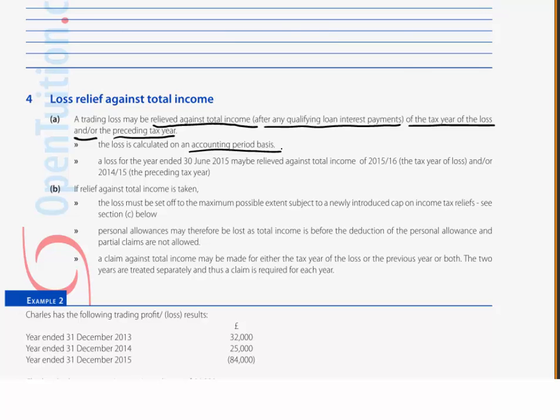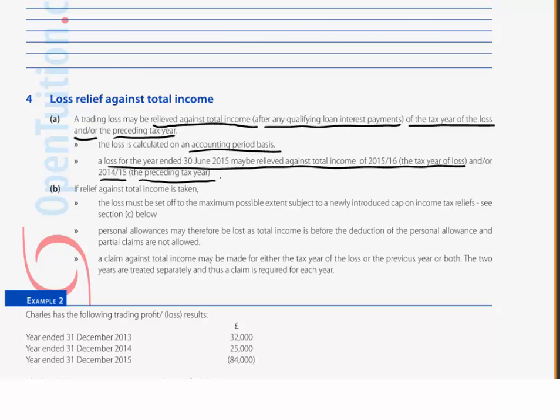That put a nil assessment into the 15-16 tax year and gave rise now to the ability, if we so chose, to use that loss against the total income. And here, as per the example I've given you, a loss for the year ended 30th of June 15 against the total income of 15-16, the tax year of loss, the current tax year, and or 14-15, the preceding tax year. That is what we have just done.